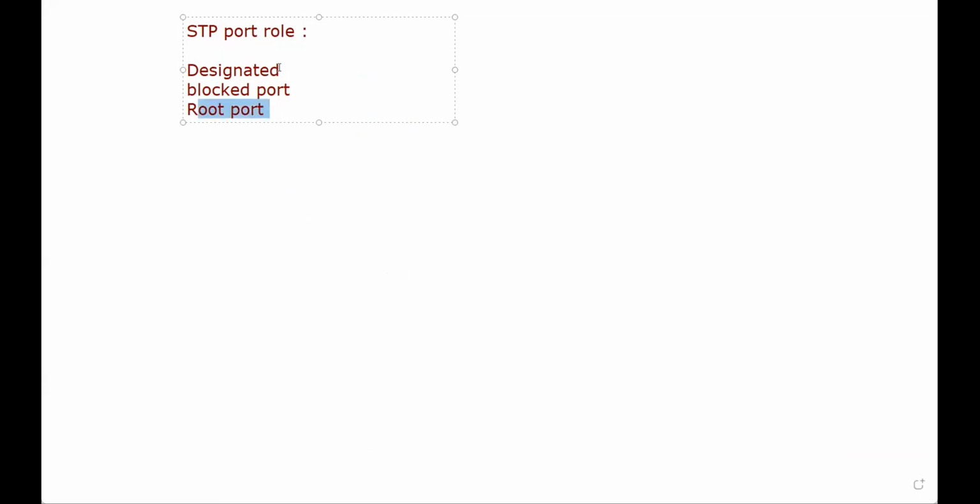Designated and root ports are forwarding ports. You can say designated and root are forwarding ports. Forwarding port means it can send information and it can receive information. And what is a blocked port? A blocked port does not forward frames. A blocked port can only receive. So that is a blocked port.